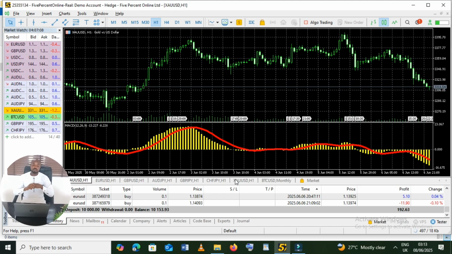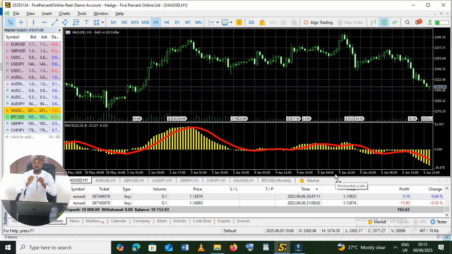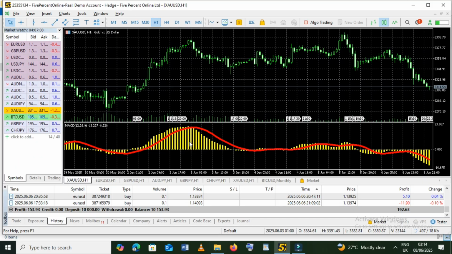So your MACD, moving average convergence divergence, shows you the signal of either upward or downward market movement using bars. We can see here that the market has very long bars upwards, indicating that there is a very strong bullish momentum. So you can place a buy order.